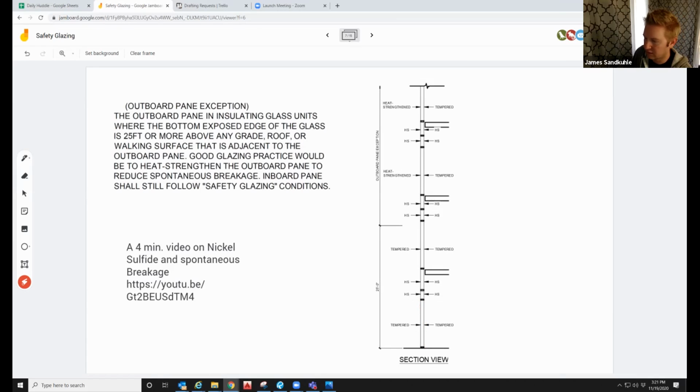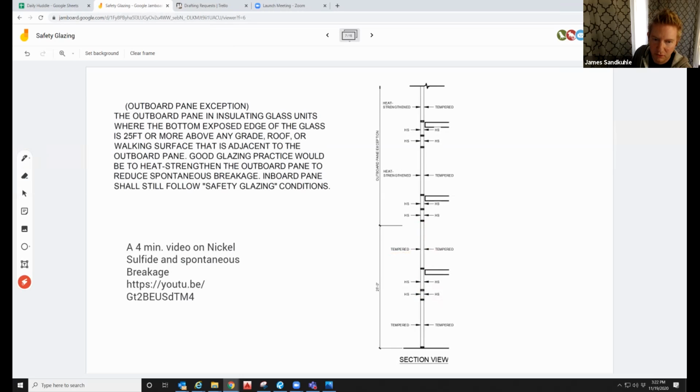So when you safety glaze it, we're tempering the outboard side and the inboard side. These upper lights, there's no safety glazing required here. That's just the standard heat strengthened over heat strengthened. Second level, this is also another full height light that is a potential danger. So we're safety glazing this, which means temper and temper.